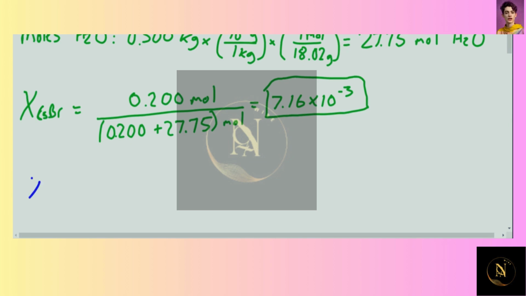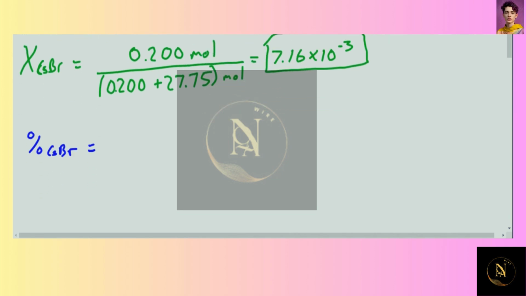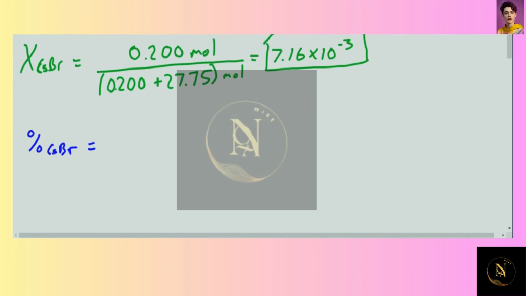So the last question is the percentage of cesium bromide, specifically mass percent. So we calculated 42.56 grams as the amount of cesium bromide that we need.